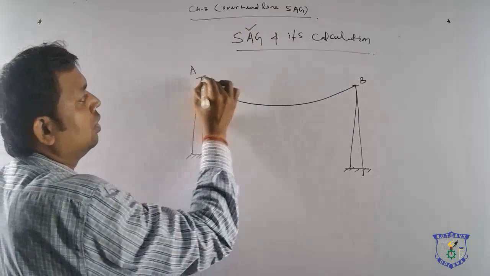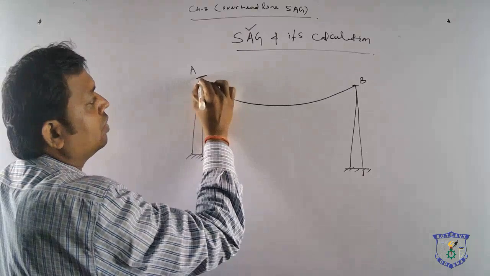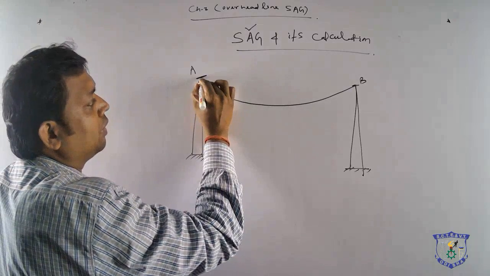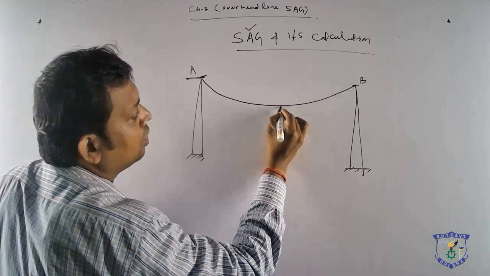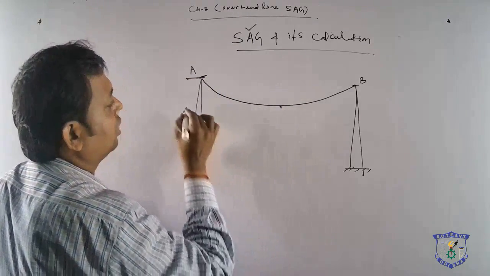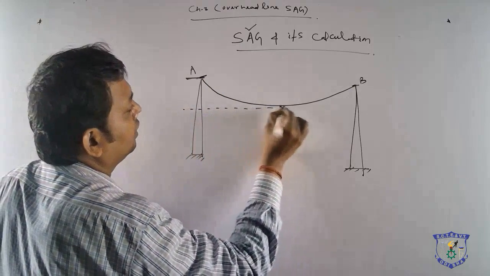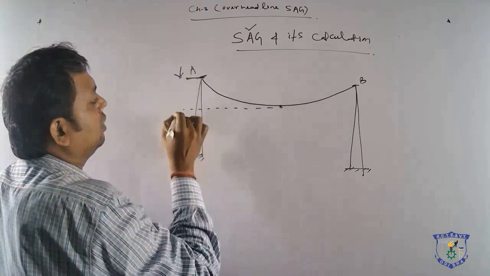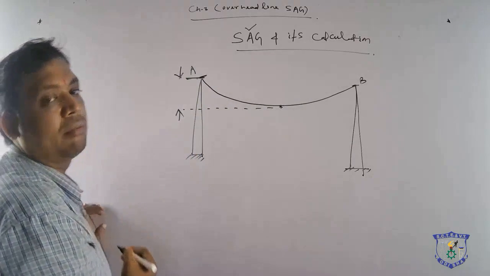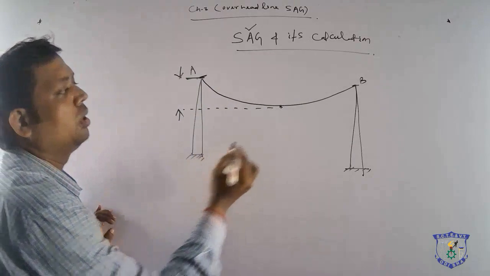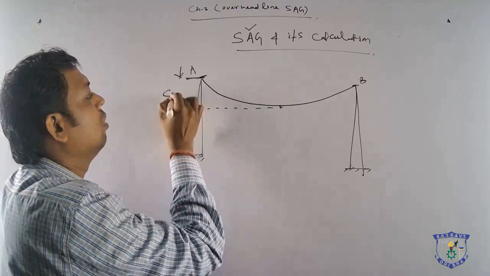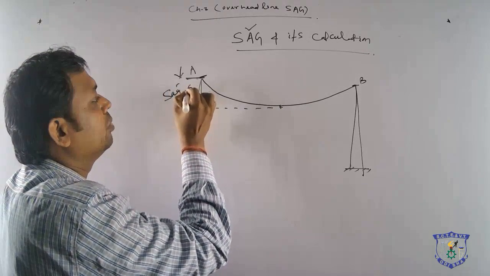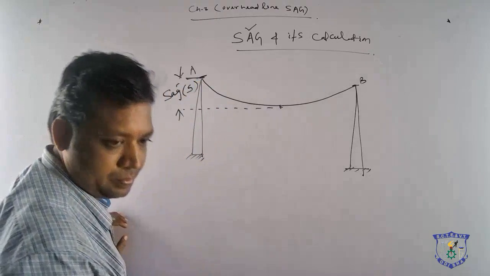Sag is defined as the difference of level between the point of support and the lowest point of the conductor, denoted by capital S.